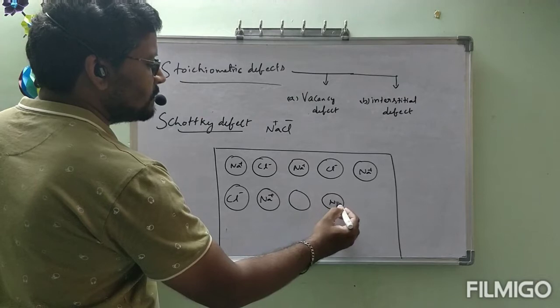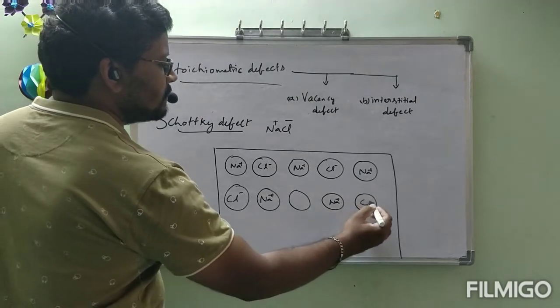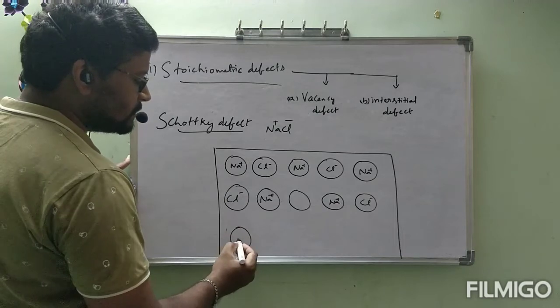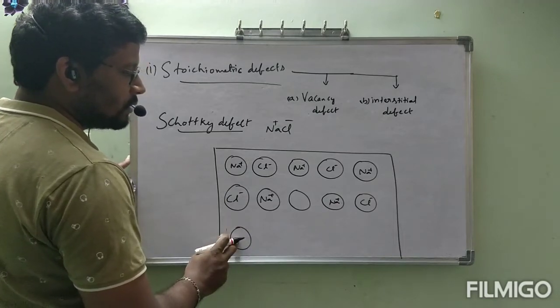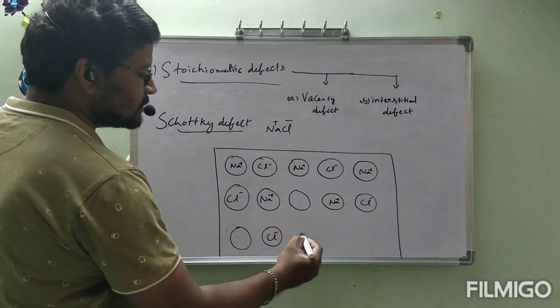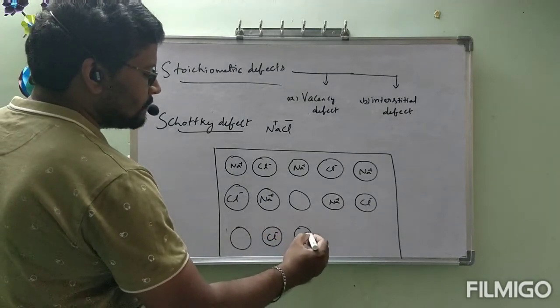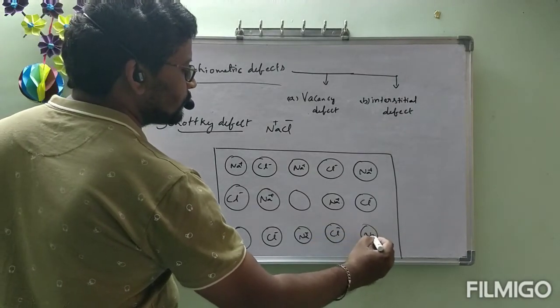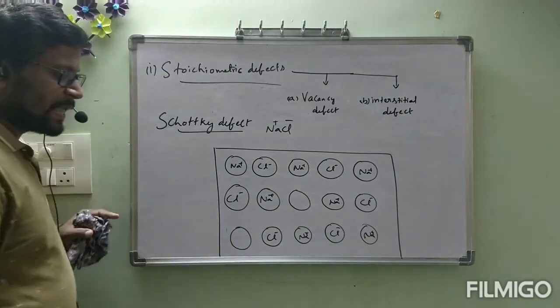Next again Na plus, again Cl minus, next here Na plus must be there, here a vacancy again, next Cl minus, next Na plus, Cl minus, Na plus.